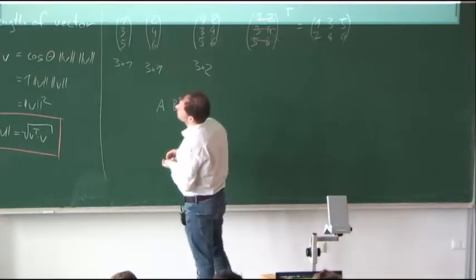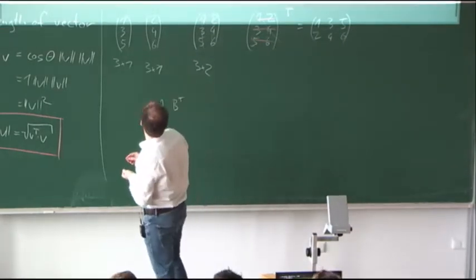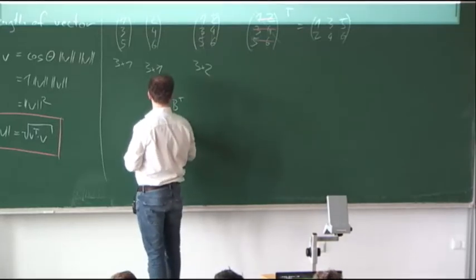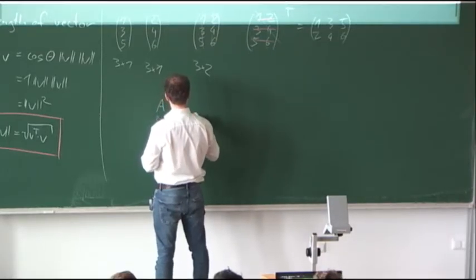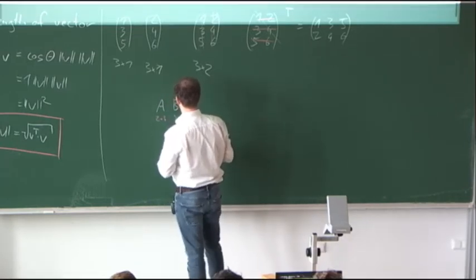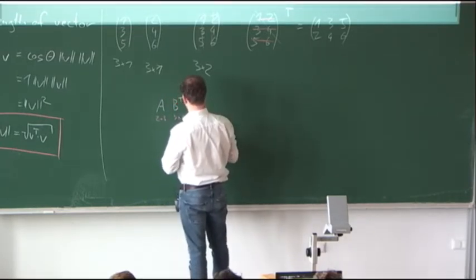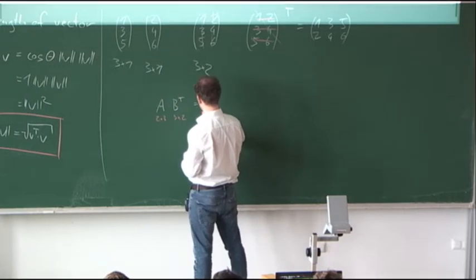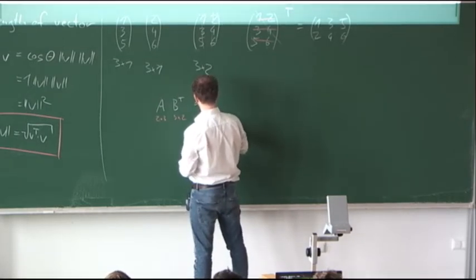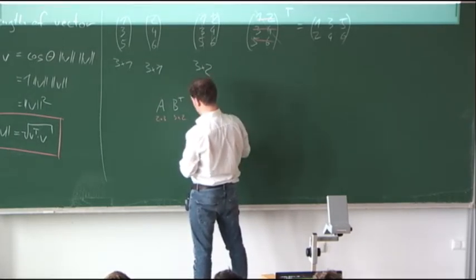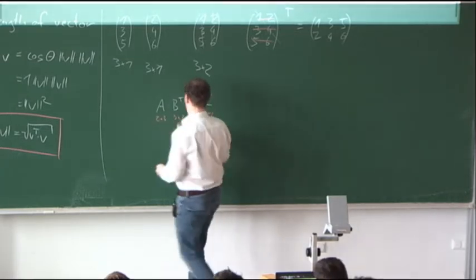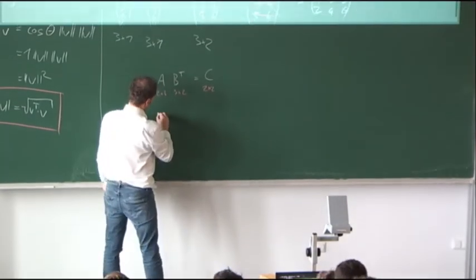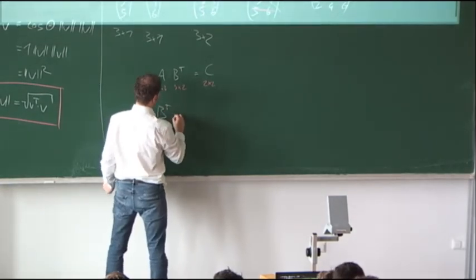So A was 2 by 3, B transpose was 3 by 2, and this is equal to some result which was 2 by 2. Maybe I call the result C. What if I now calculate B transpose dot A?